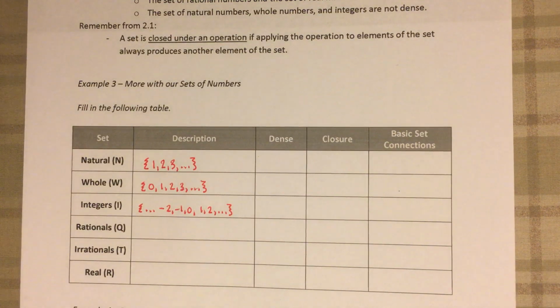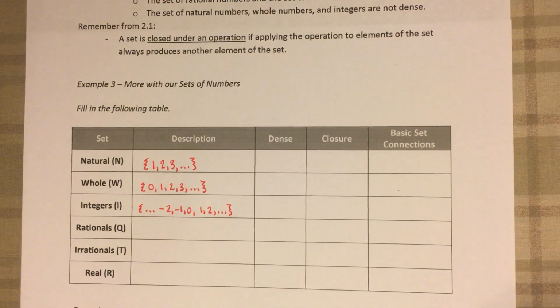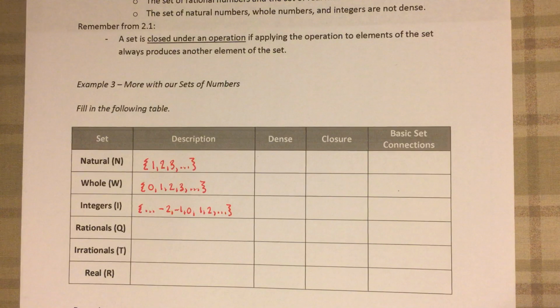These first three sets we list in roster notation, and so we can actually list out each individual element in our set. For our next few sets, we don't use roster notation, we use set builder notation.